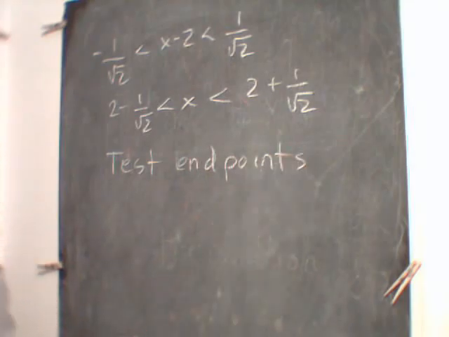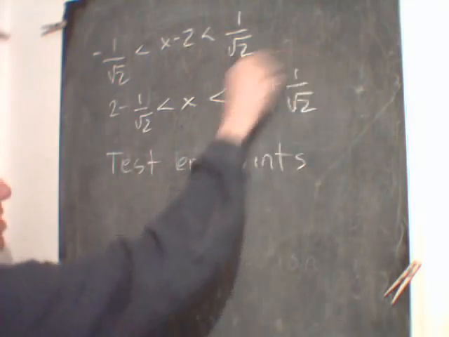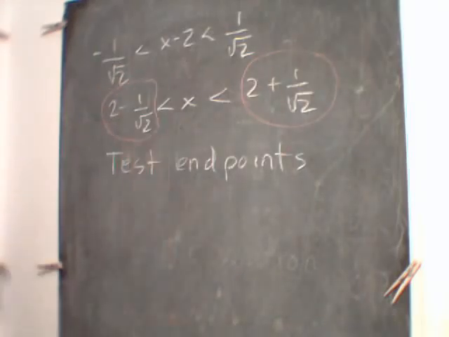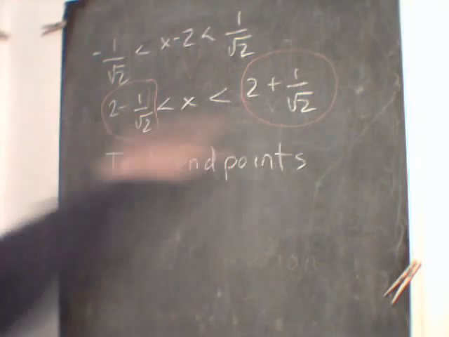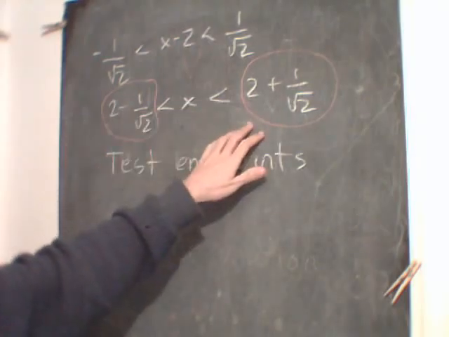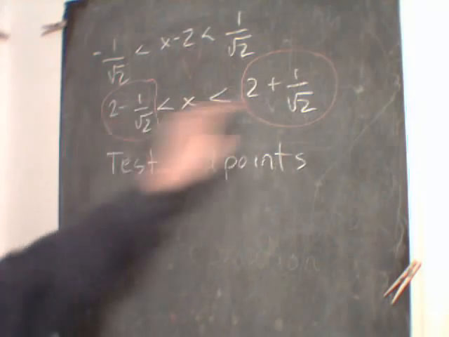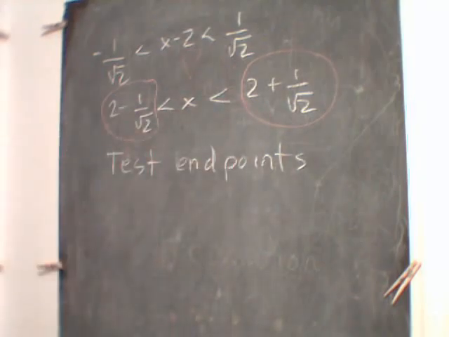Because you never know. We don't know about these 2 endpoints here. The endpoints are unknown until we test them specifically. So we know everything in the interval between those 2 endpoints is part of the interval of convergence, but we don't know yet whether the 2 endpoints are also part of the interval of convergence. So that's what we have to test.